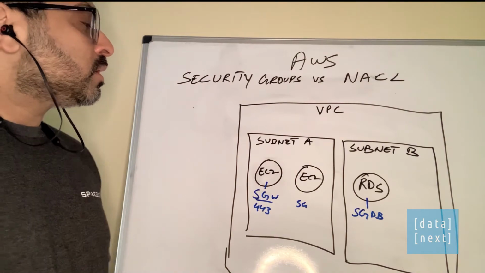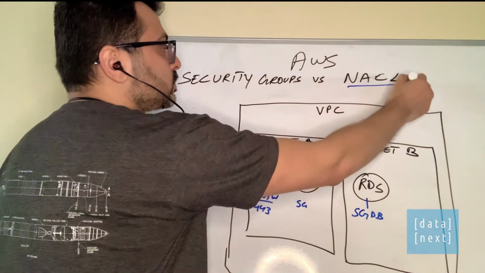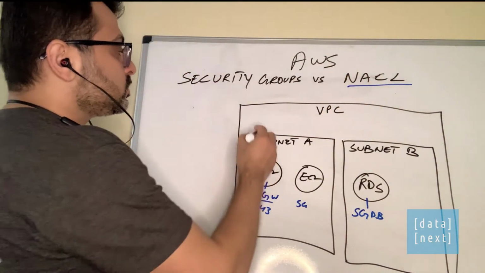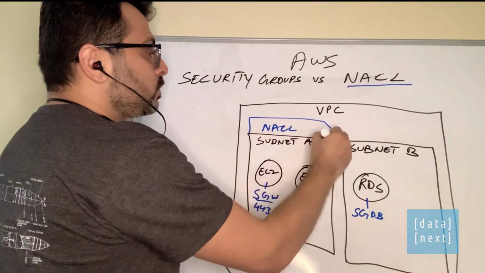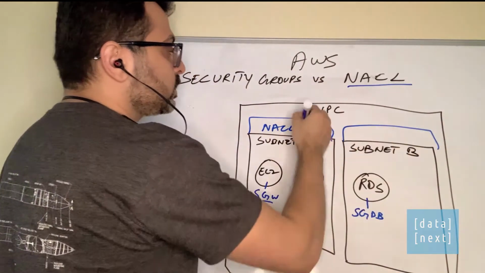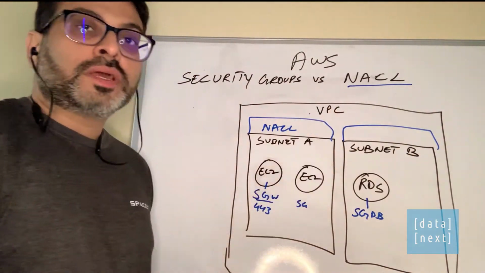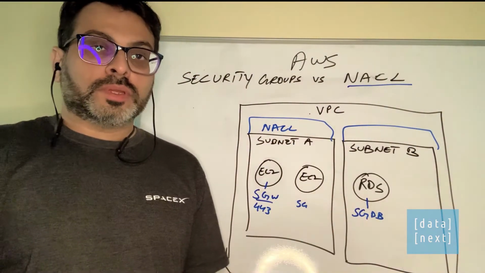On the other hand, NACLs, network access control lists, work on the subnet level. These are the default rules for what type of traffic is allowed or denied in your subnet.